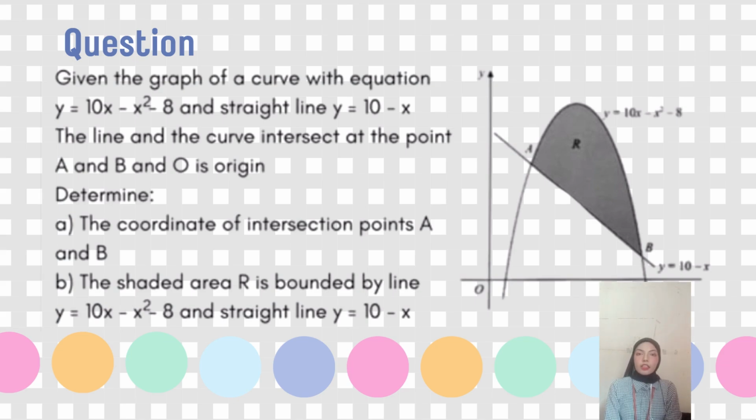Determine A, the coordinates of intersection points A and B. B, the shaded area R is bounded by the curve y equals 10x minus x squared minus 8 and the straight line y equals 10 minus x.